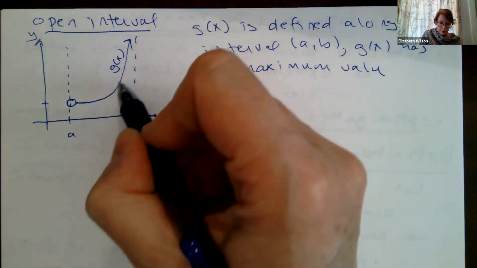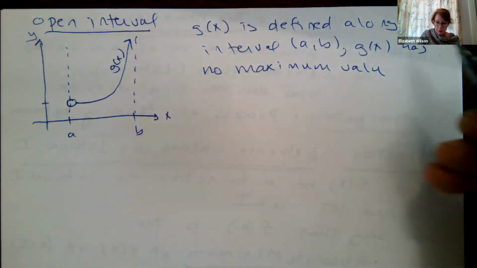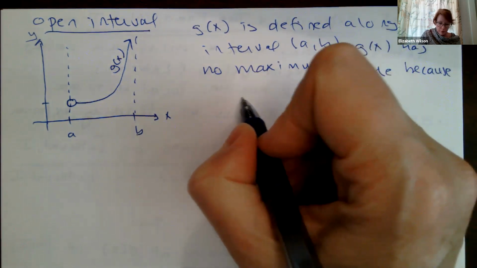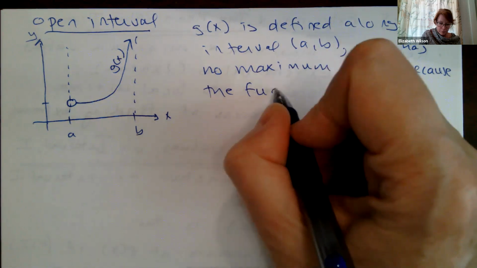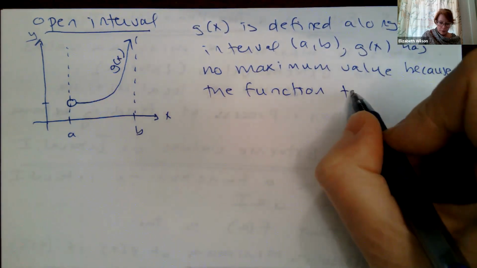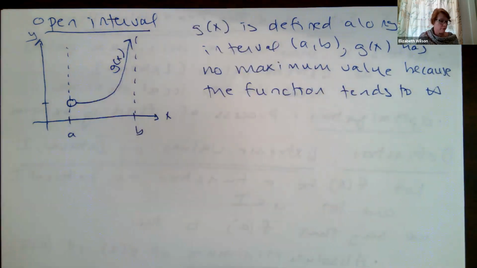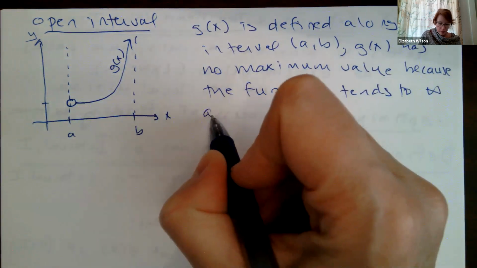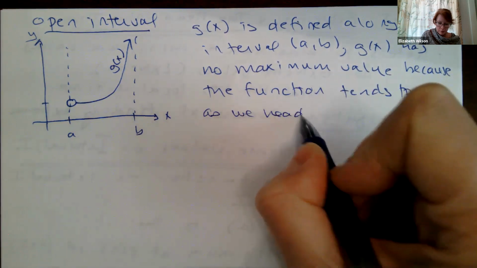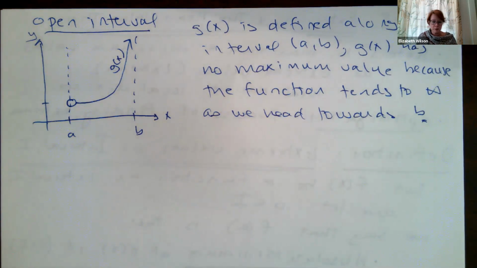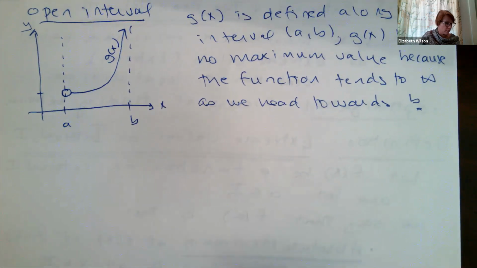I would expect to have a maximum value here, since my function's increasing, but I have no maximum value because the function tends to infinity, going to positive infinity as we head towards b, that other end of our interval. So I should have a maximum value, but my function's unbounded essentially, and it never quite reaches the bounds of that interval.